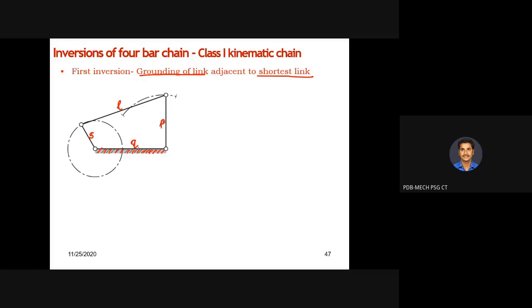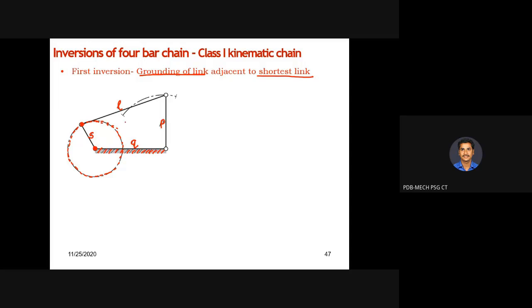If I fix Q and give the input to the crank, the prime mover connected to the shortest link, then the end point of S is going to make a complete revolution along this path. This is the path traced by the shortest link.